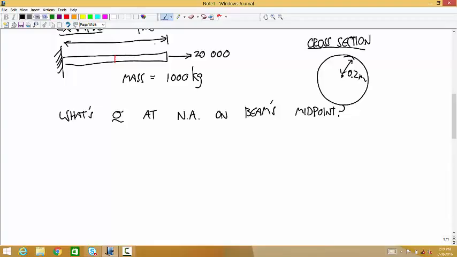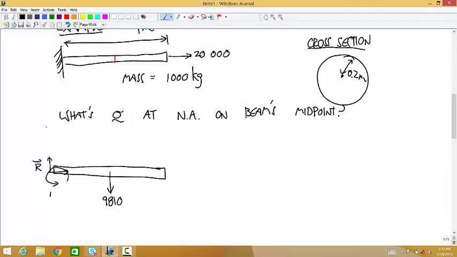If you want to be smart about it, you could just right away do the cut from the right, but we're not trying to be smart, we're trying to be consistent, you know? Being smart isn't our style. So I'm going to take the extra step of calculating the external loads. Okay, so 9810 acting down. Then we have the reaction force and the couple, MR, and then the 20,000 Newton horizontal force.